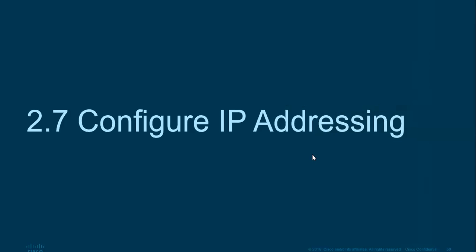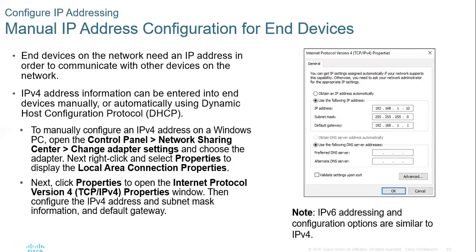Configure IP addressing. How to configure Internet Protocol addressing. Manual IP address configuration for end devices. How manually can we do it? We can go to Internet Protocol version 4, TCP/IP version 4 properties. So for that we need to choose between dynamic and manual allocation.